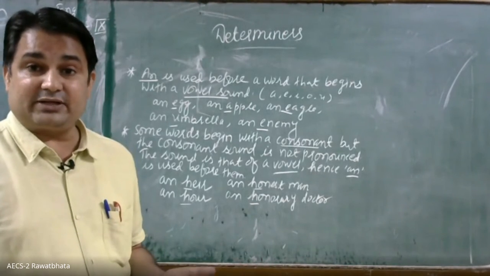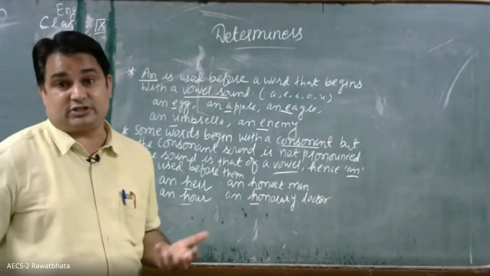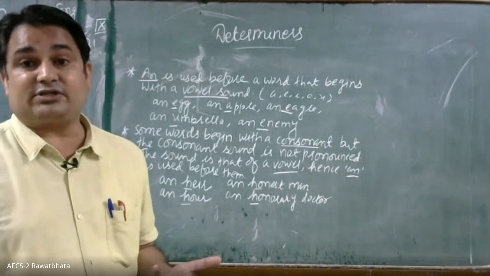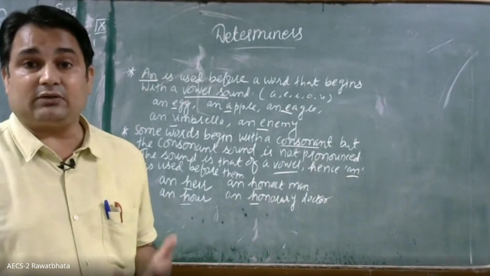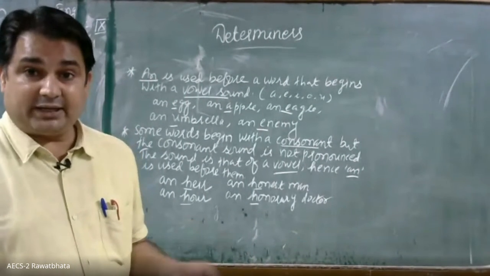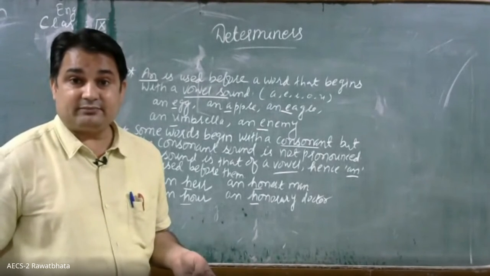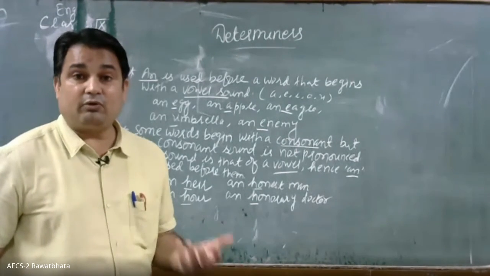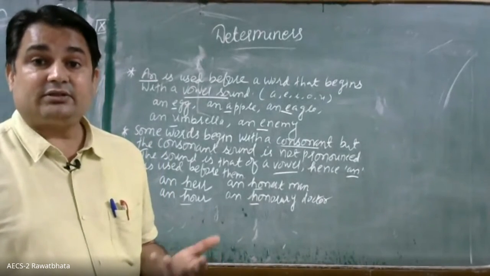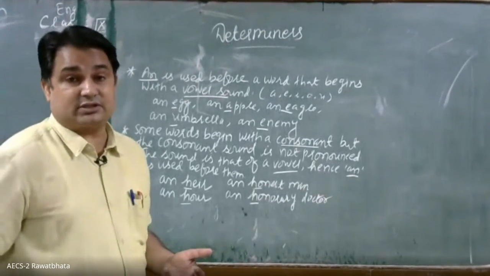Then we discussed possessive adjectives, which are used to indicate ownership of someone over something. My, his, her, their, your, all these possessive adjectives are determiners.